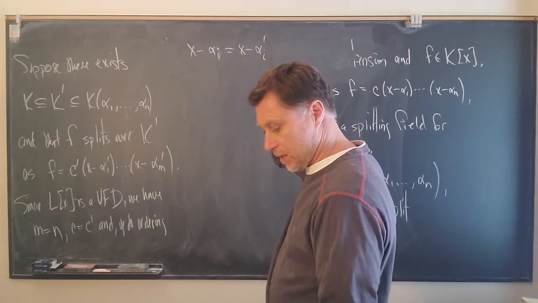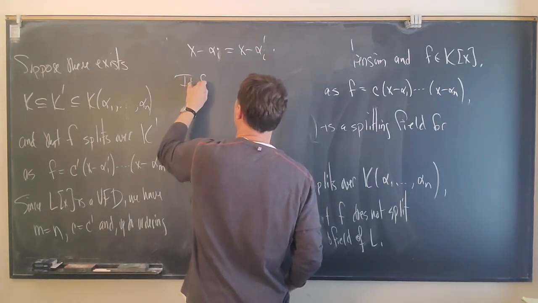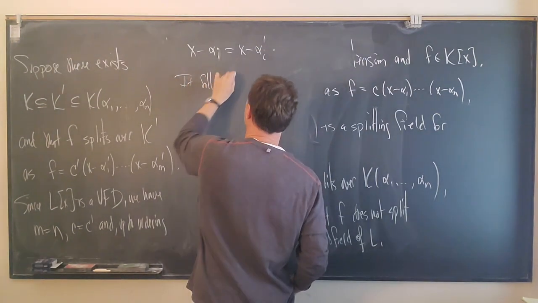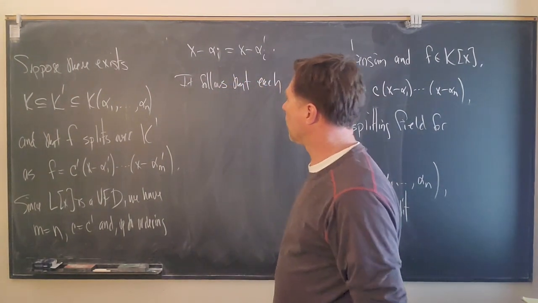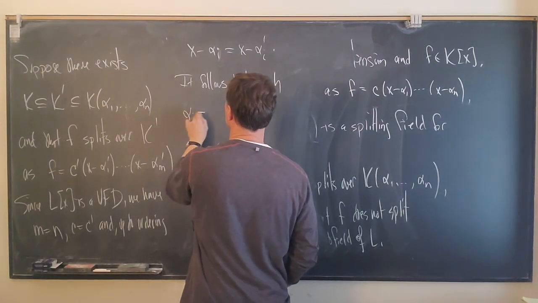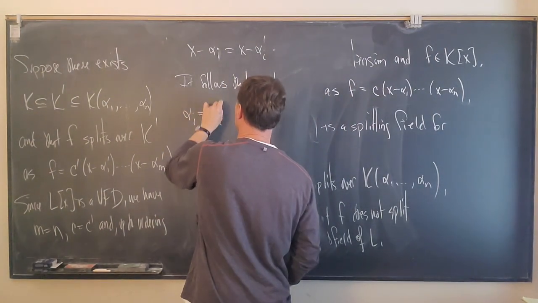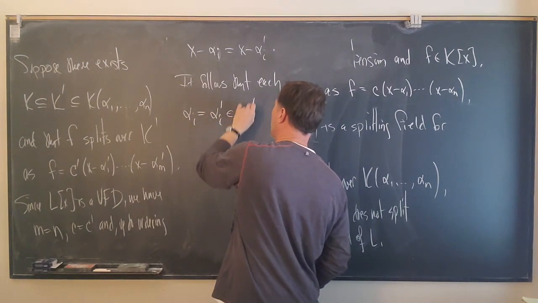So what does that tell us then? So it follows that each alpha i, which we know is alpha i prime, has to live in K prime.